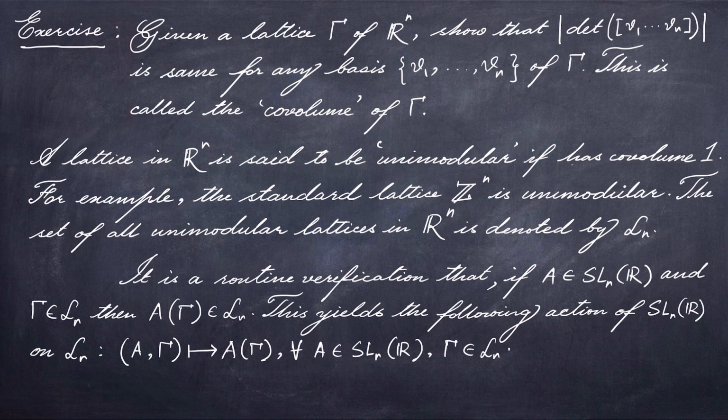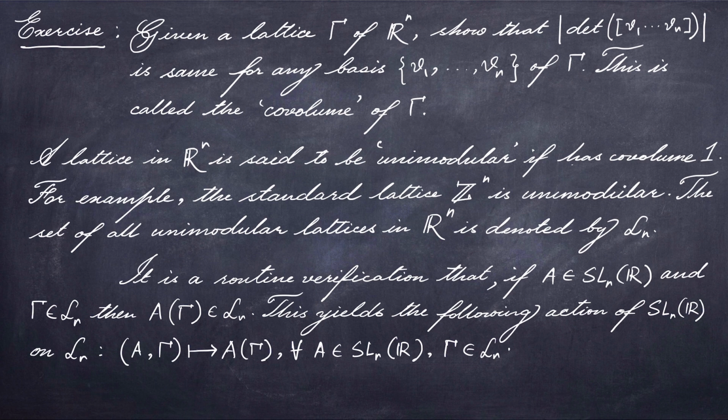That is, given a lattice gamma, the absolute value of the determinant is not going to change whatsoever basis of gamma you choose.